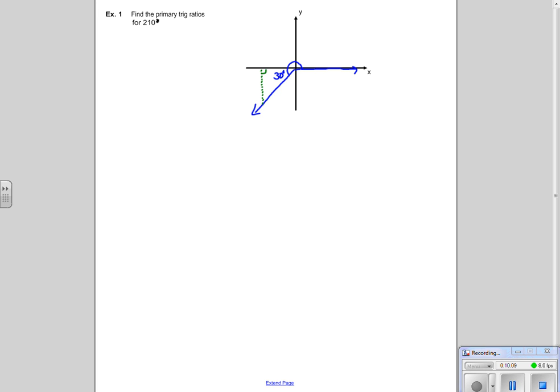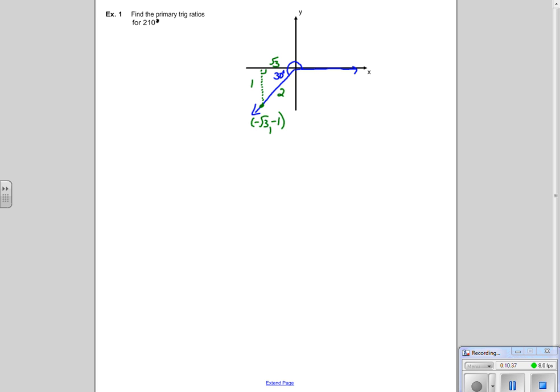So 30-degree triangle could certainly be opposite ratio of 1 to 2 to root 3. So this terminal arm will definitely pass through the point 3 to the left, negative root 3, 1 down, negative 1. So it will definitely pass through that point.